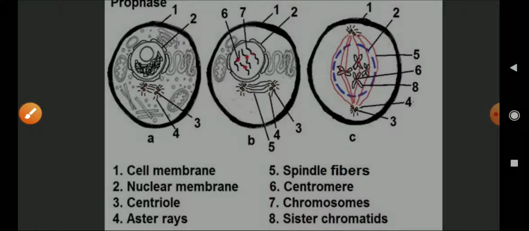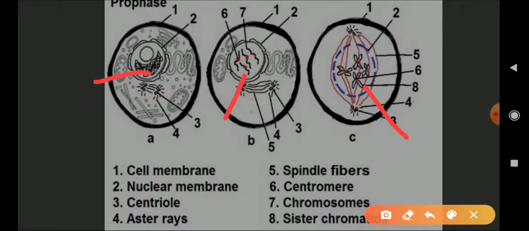When the prophase begins, slowly, in figure B, the cell organelles start disappearing. If you see here, this is chromatin, while this one is chromosomes, while this one is chromatids. The chromatin is coiling to become thick coiled chromosomes, and these thick coiled chromosomes are splitting to form duplicate arms, which are known as chromatids.